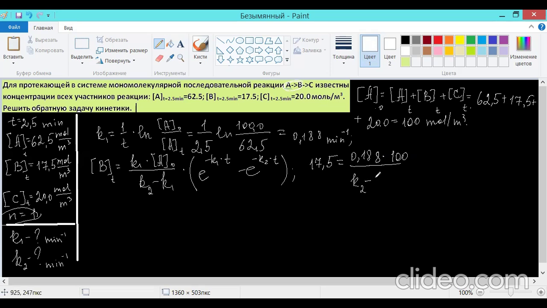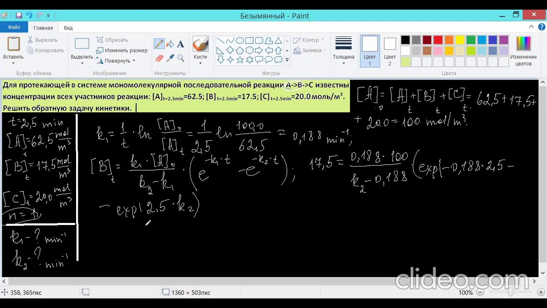So K2 minus 0.188. Okay, then exponent minus 0.188 times 2.5 minutes, minus exponent of 2.5 minutes times K2. All right.